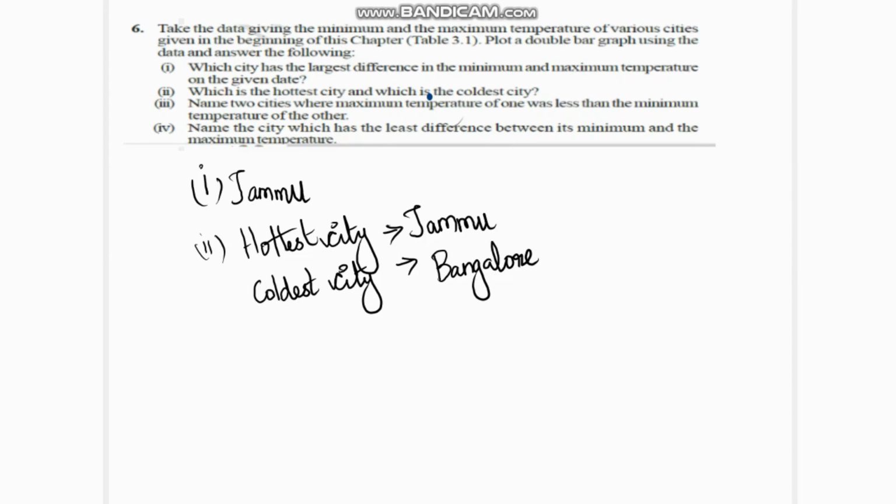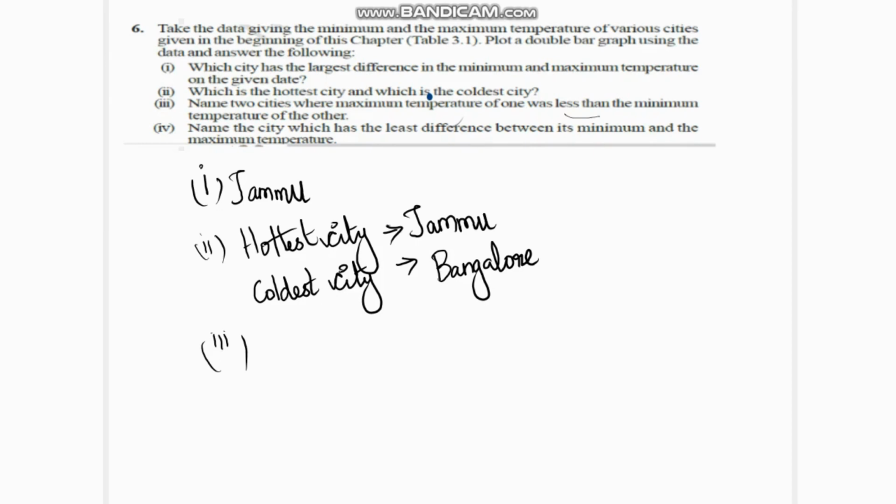Okay, the next question: name two cities where the maximum temperature of one was less than the minimum temperature of the other. This question is actually a little tricky and a little confusing. What they are asking here is the maximum temperature of one was less than the minimum temperature of the other.